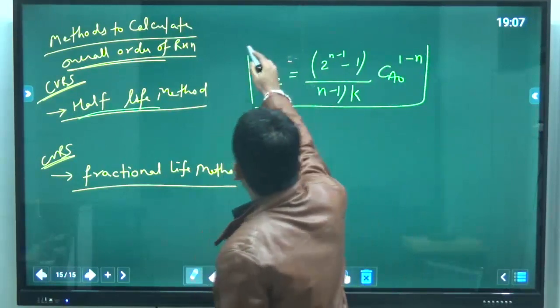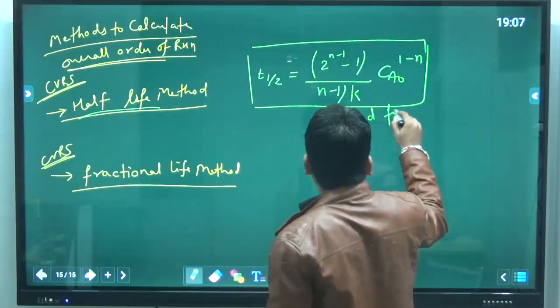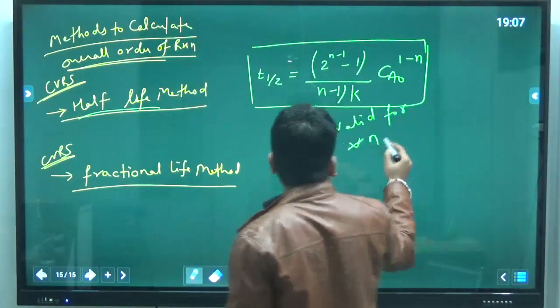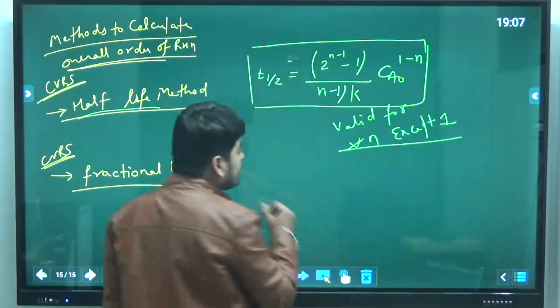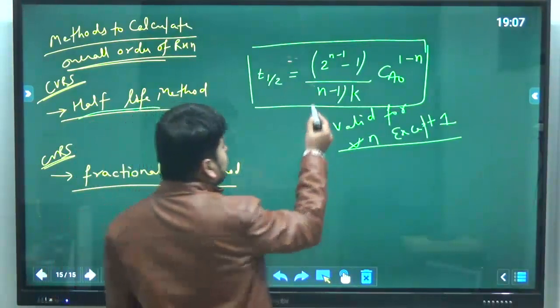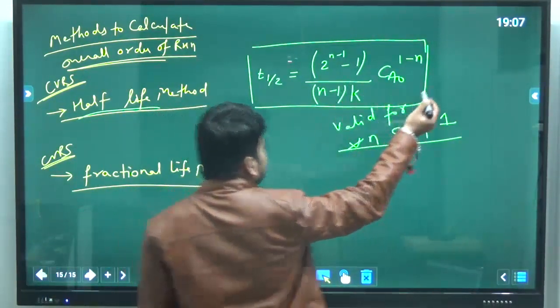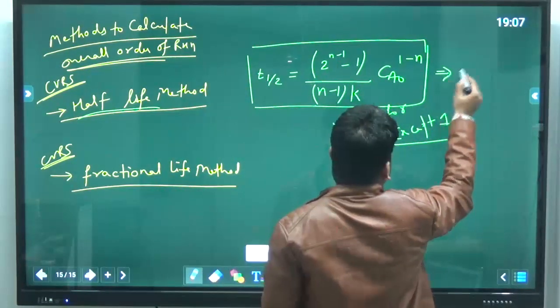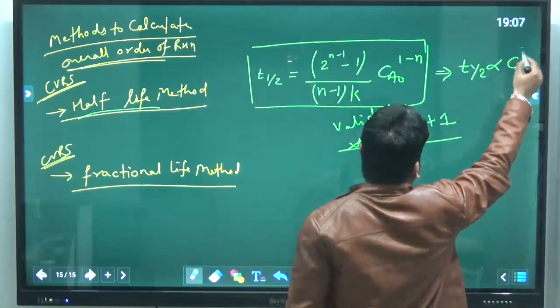This expression is valid for all values of n except 1, that is, valid for all reactions except first order. And here you can see the order of reaction is constant, k is constant, 2 is constant. So you can also say that T half is proportional to Ca naught power 1 minus n.